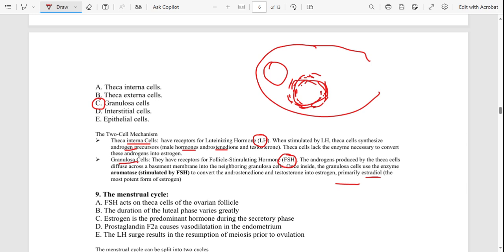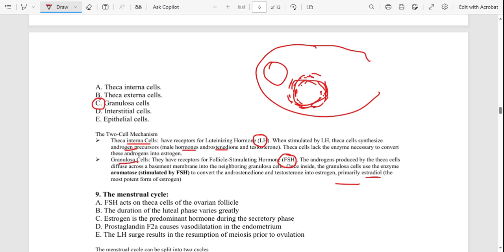So the menstrual cycle. A. Follicle stimulating hormone acts on theca cells of the ovarian follicle. B. The duration of the luteal phase varies greatly. C. Estrogen is the predominant hormone during the secretory phase. D. Prostaglandin F2 alpha causes vasodilatation in the endometrium.